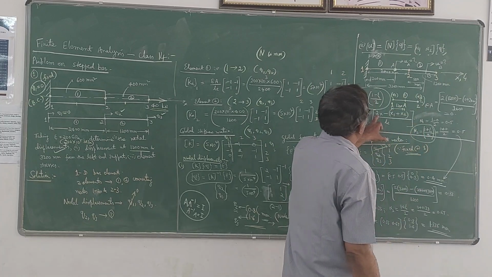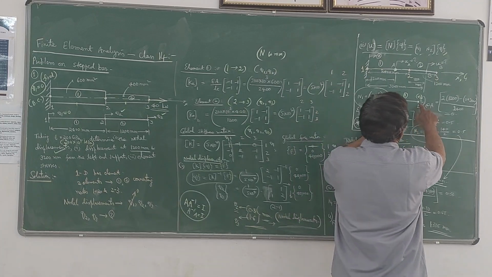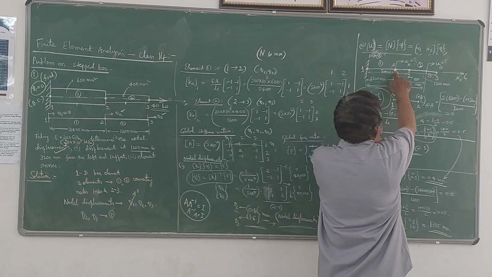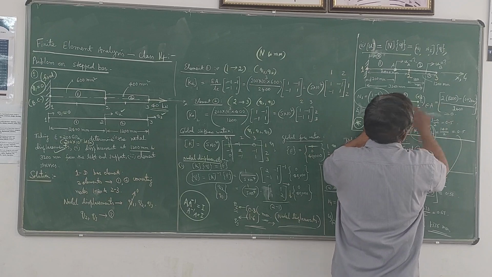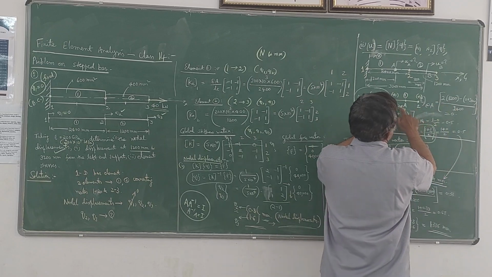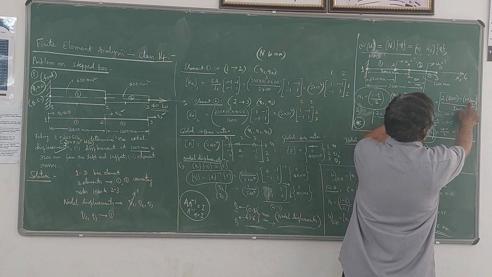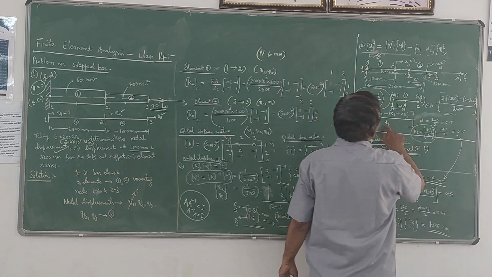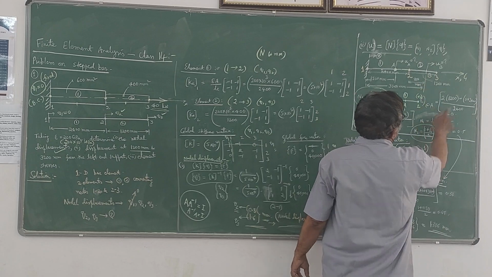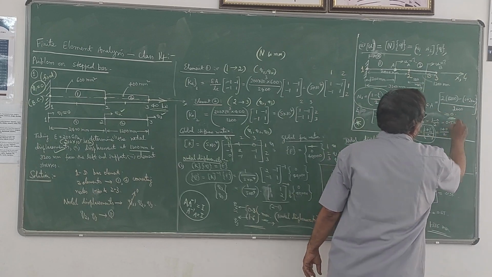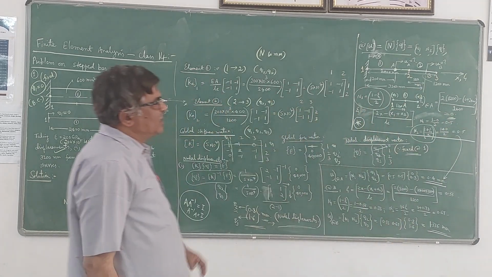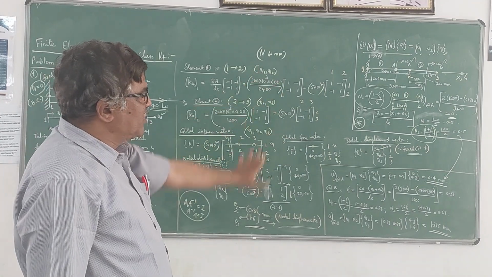Now if you substitute, what is the value of zeta at A? It is 2 into 1200 is x, minus (x1 is 0, x2 is 2400), divided by LE, the length of element, 2400. If you simplify this, you will get 0 itself. 2400 minus 2400 becomes 0 in the numerator.